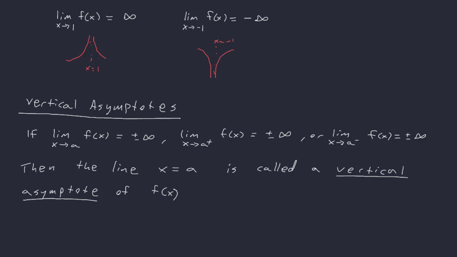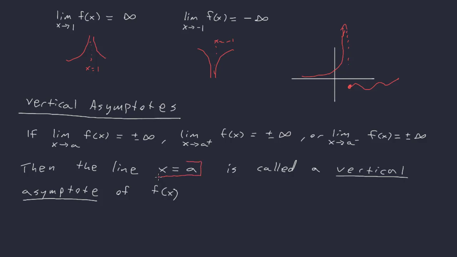So for example, if you had a graph that looks something like this, where it blew up on this side, but say from here on it was fine, this is still a vertical asymptote because we have blow up on just one side. So basically, if the limit from either side or both sides is plus or minus infinity, then the line x equals a is called a vertical asymptote of f of x.